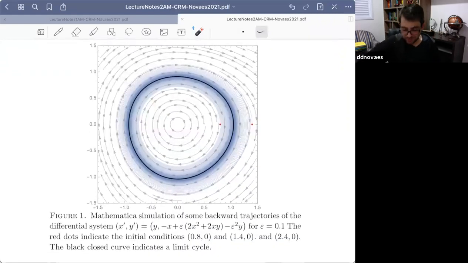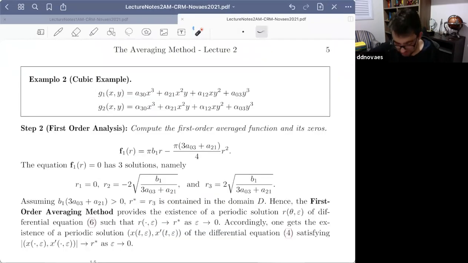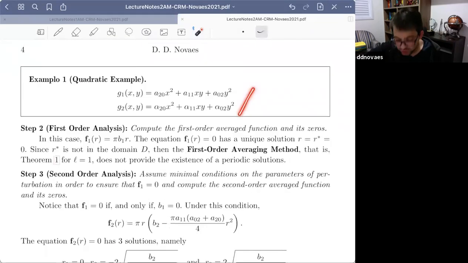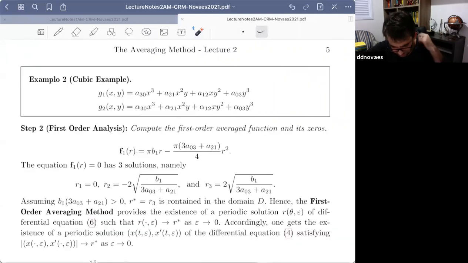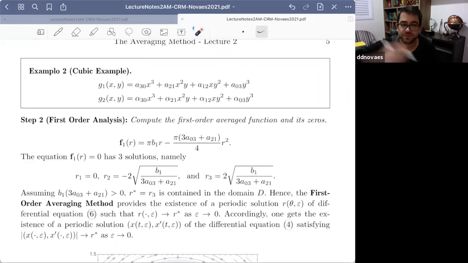Okay, so a second example. Here we assume that the perturbations are quadratic, and for quadratic perturbation, we didn't find any periodic solution in a first order analysis. So let's increase the degree of the perturbation and see what's happening. This is again the first step: transform the system into the standard form for applying the averaging method.